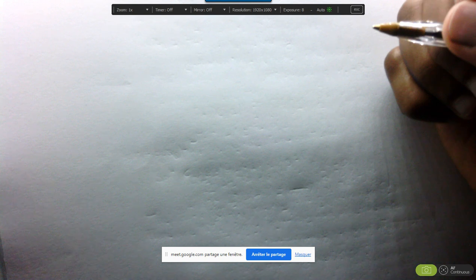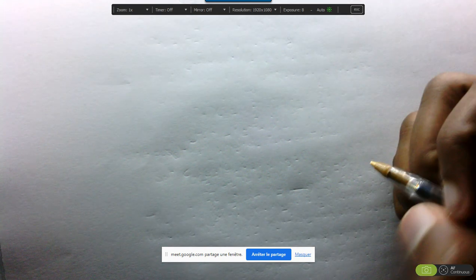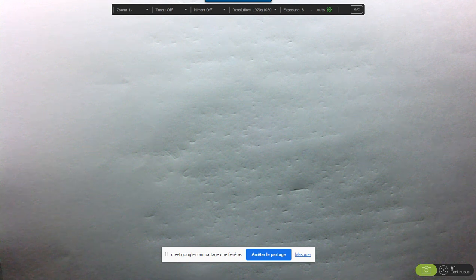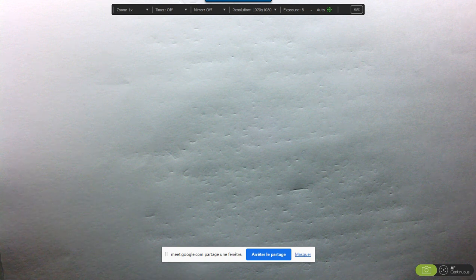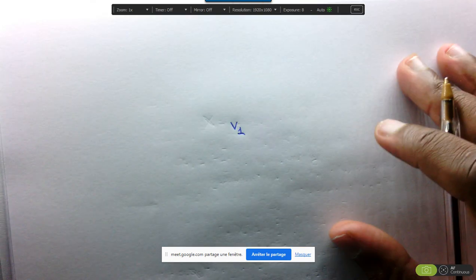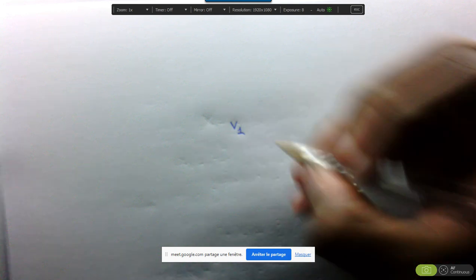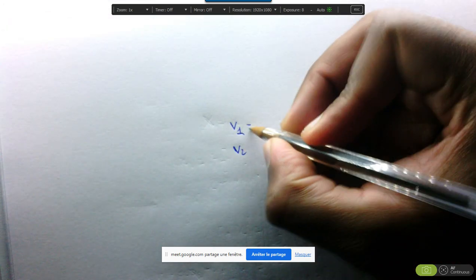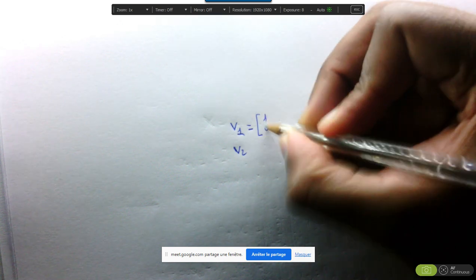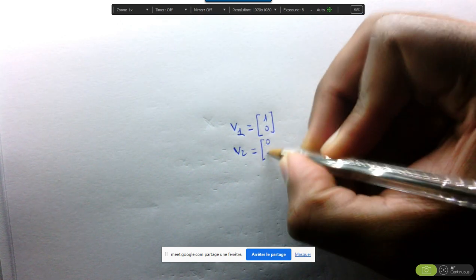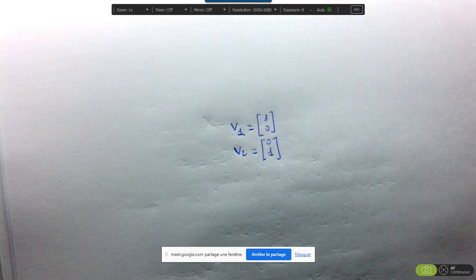Suppose that I have two vectors v1 and v2. v1 is actually 1, 0, v2 is actually 0, 1, and so this one is e1.